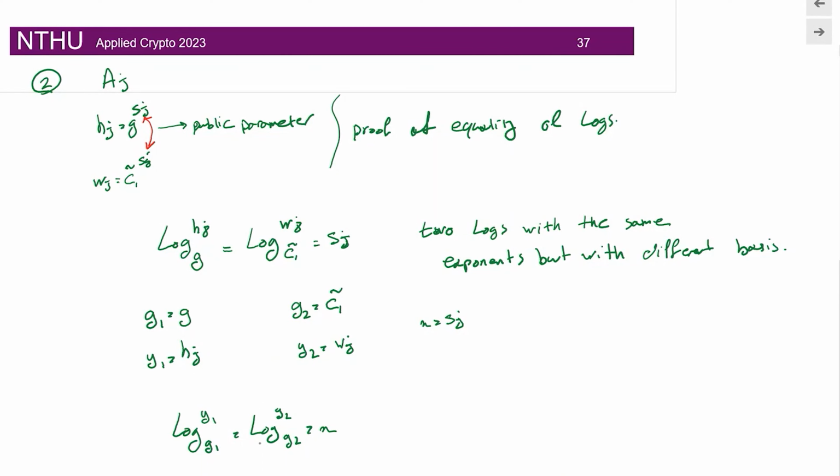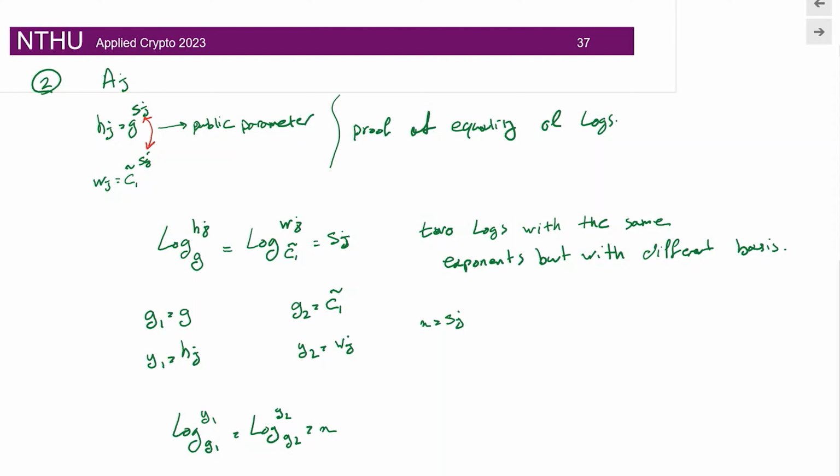If we can show that the same exponent is being used as a log of two different values, then it means that this authority J is using the same correct value, the one that he used for HJ, the same SJ, to do this WJ computation. And this proof would be enough for us to say that, okay, I'm going to trust this WJ from this authority AJ, and I'm going to put him as my trusted authority because he did the computation correctly. That's one of the ways that we can distinguish who is an honest authority and who is dishonest.